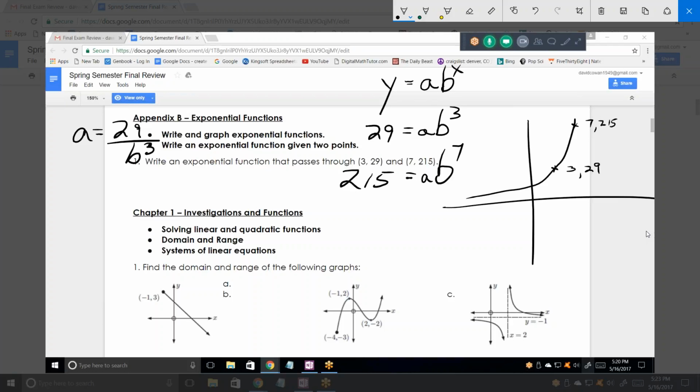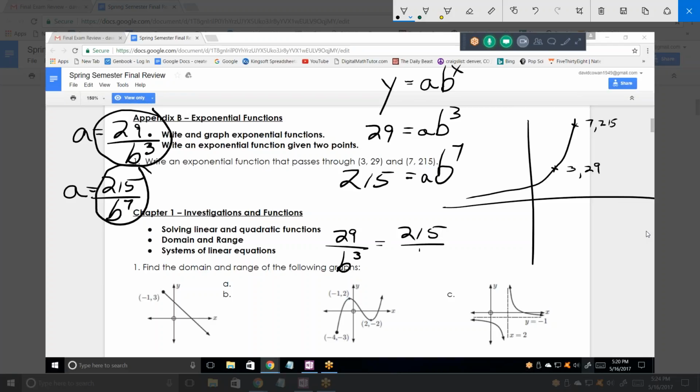And I'll solve the second equation for a. a equals 215 divided by b to the 7th. And it's the same a, so now I can let that equal that, and I no longer have two variables. I got 29 over b cubed equals 215 over b to the 7th.